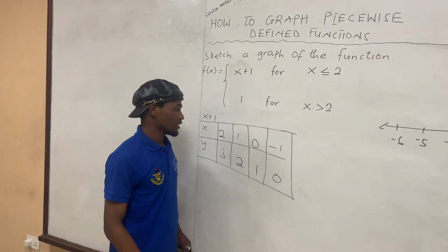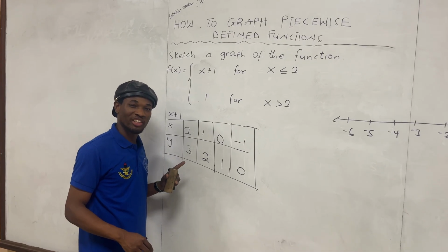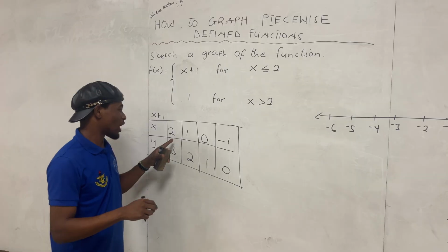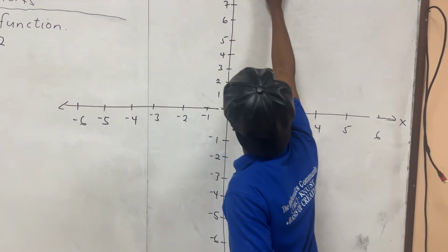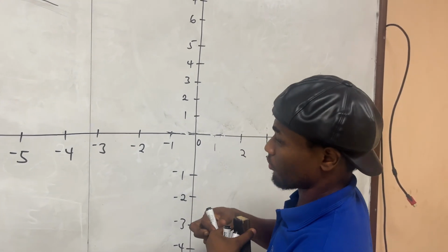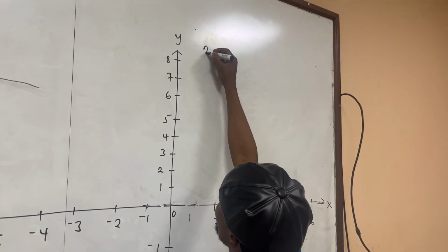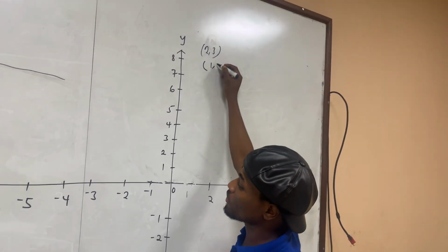So viewers, we now know the x and the corresponding y coordinates. So we are going to graph this. Let's plot this on the graph. I have 2, 3. Then the next one I have 1, 2.